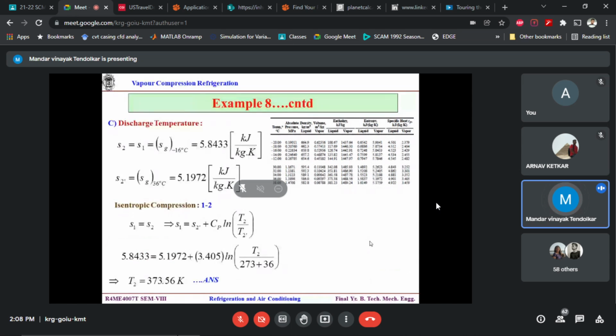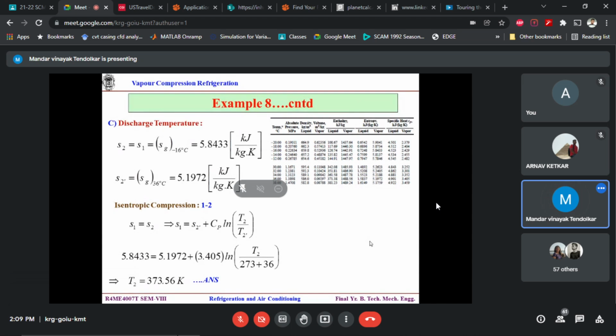Fine. Now you got m dot. The second job is to find out the superheater. So s2 equal to s1, where s1 is sg at minus 16, a value which you know. Correct. Then sg at 36, that means saturated, that you know. And you can find out that 5.84 is much larger than 0.19, confirming it is the superheated one.